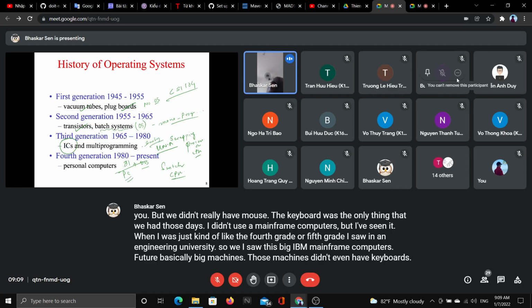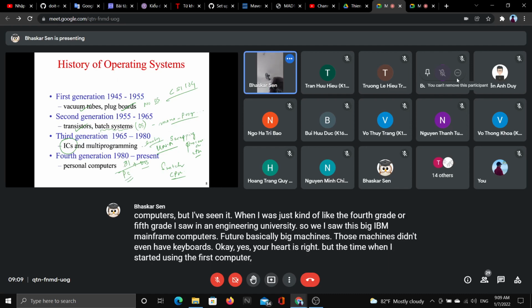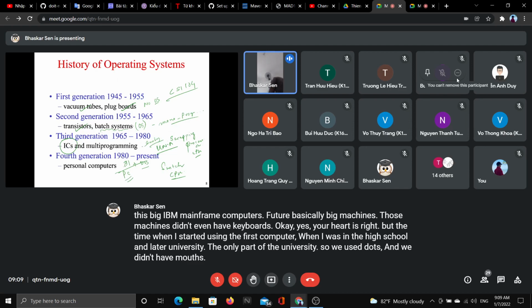Okay, yes, you heard it right. When I started using my first computer, in high school and later in the early part of university, we used DOS, and we didn't have a mouse. Then came the mouse. So that is the timeline of OS.